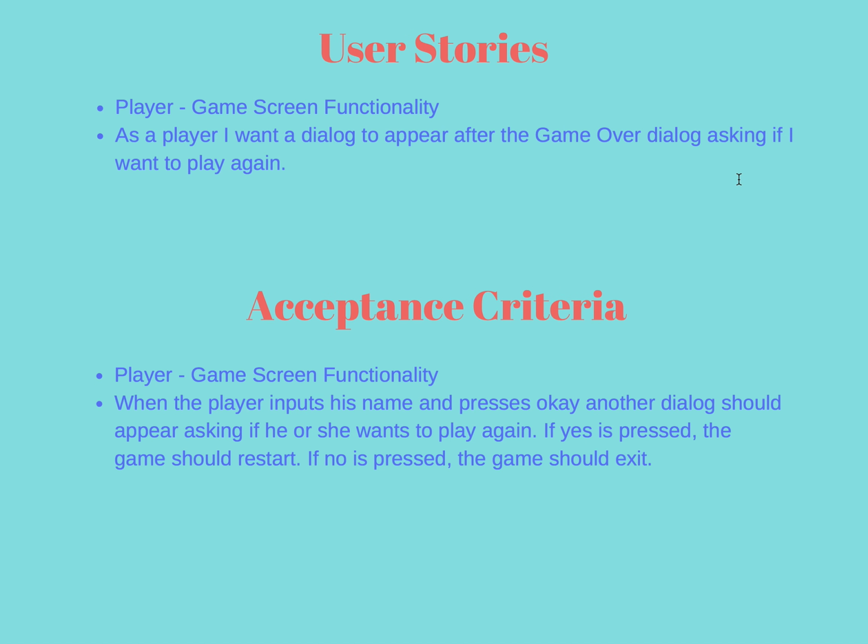Now you can see under my next user story I have: as a player, I want the dialogue to appear after the game over dialogue asking if I want to play again. And the acceptance criteria is that when the player inputs his name and presses OK, another dialogue should appear asking if he or she wants to play again. If yes is pressed, the game should restart. If no is pressed, the game should exit.